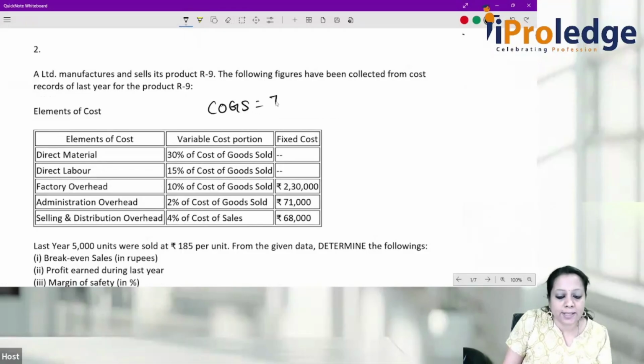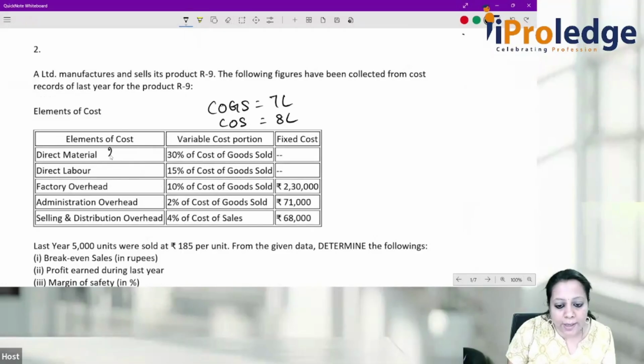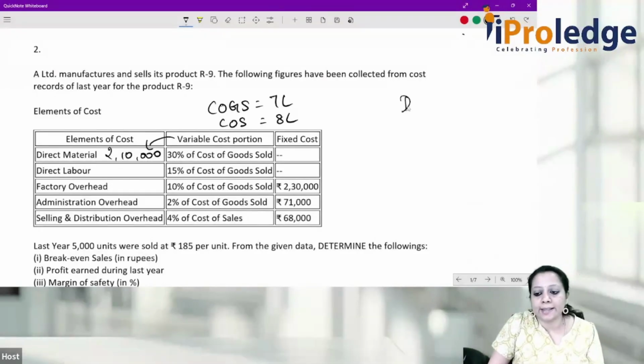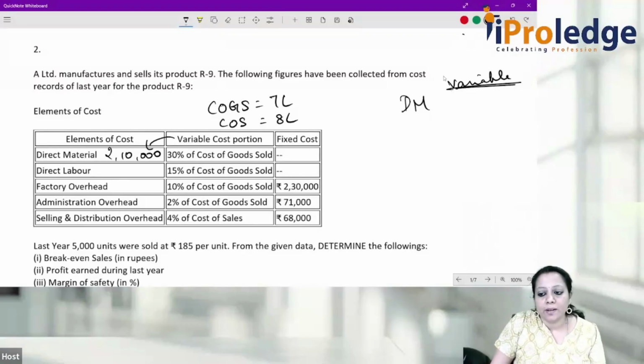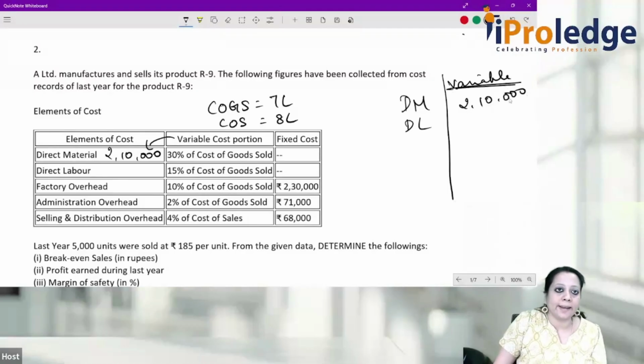COGS is 7 lakhs. COS is equal to 8 lakhs. So 30% will be what? 2 lakh 10,000. Direct material, variable. You put the heading, so under that, you have many things: direct material, direct labor, like that. This will be 2,10,000.